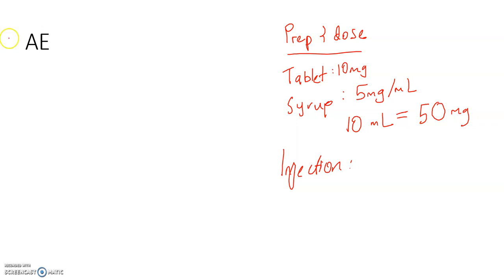So what are the adverse effects of metoclopramide? Mainly what we see are central nervous system adverse effects.